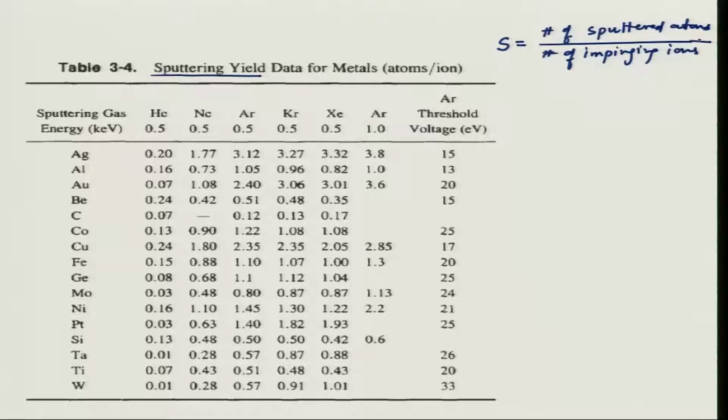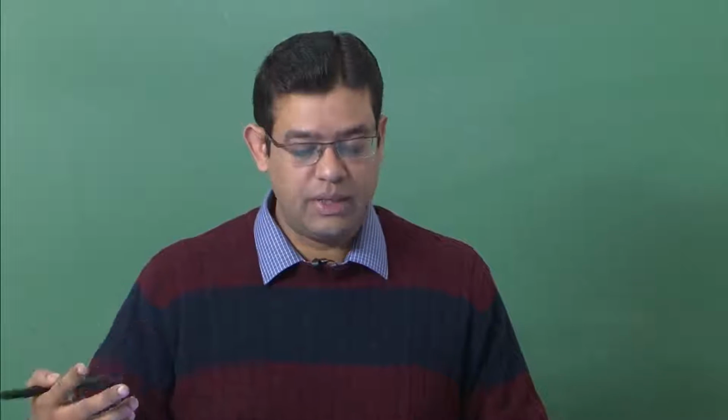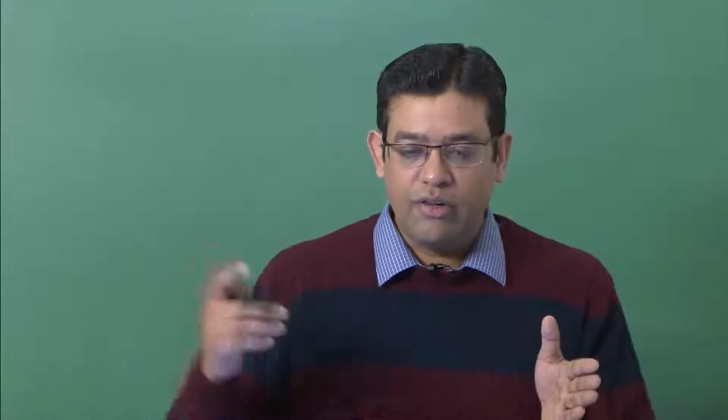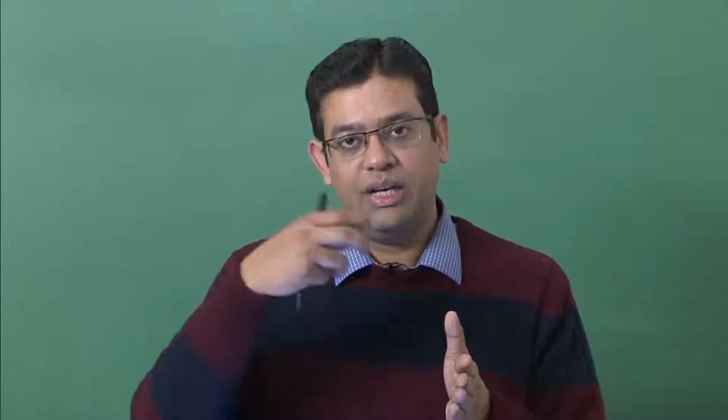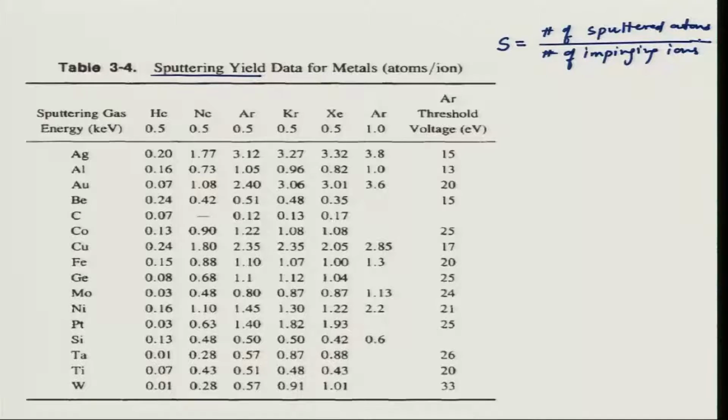So, for each ion that is bombarded on the surface of the target, how many atoms are being sputtered? And of course, we would want more and more atoms from the target to be sputtered for each ion, so that we can use these sputtered atoms for thin film deposition.